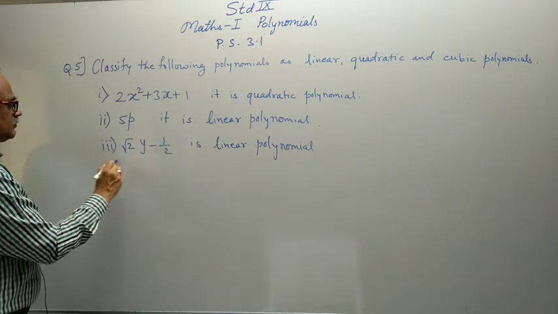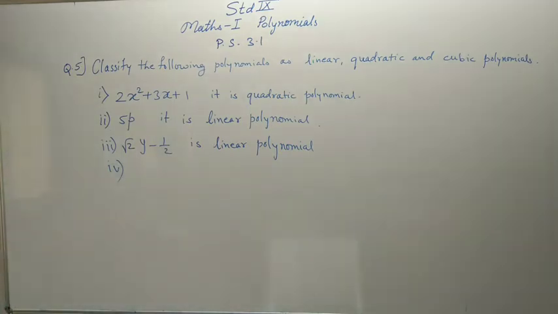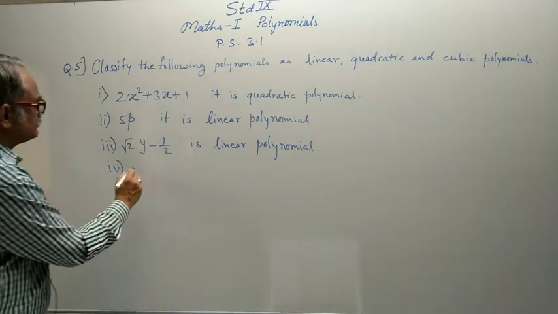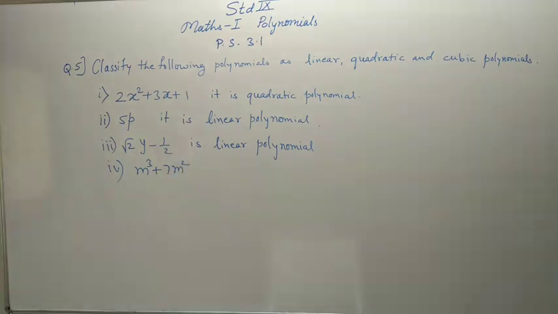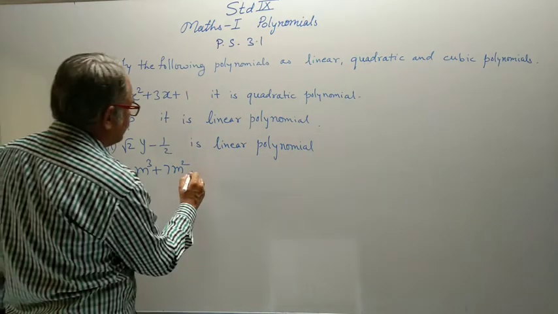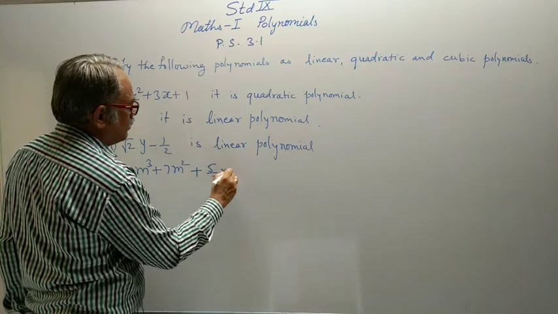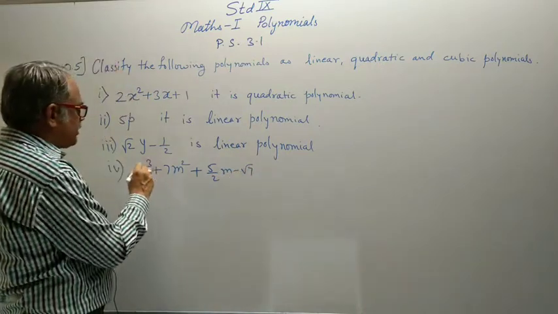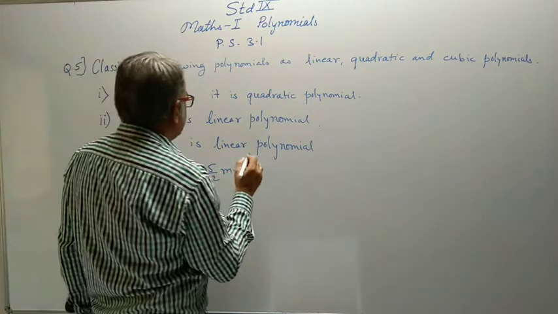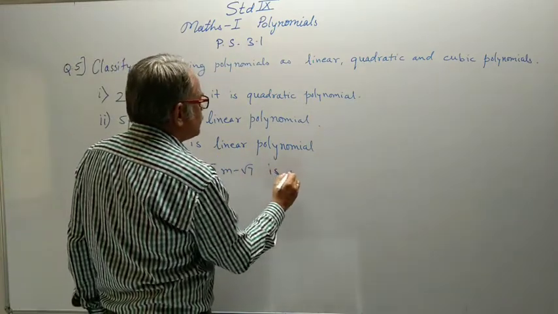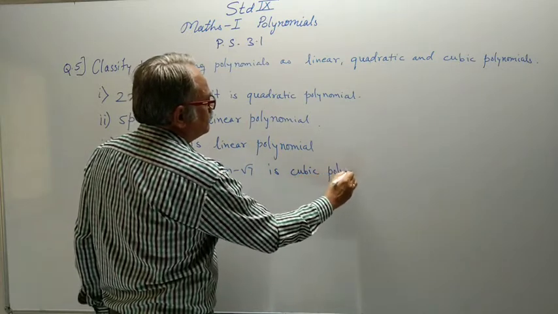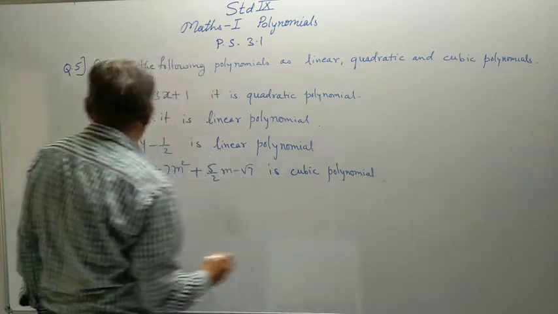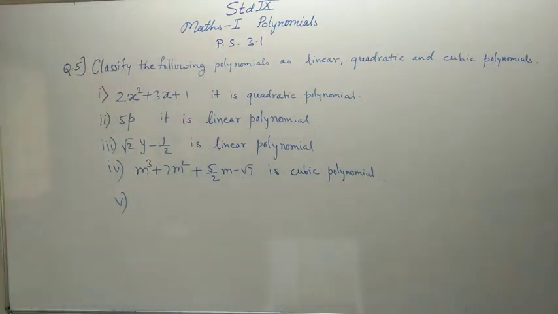Fourth, m cube plus 7m square plus 5 by 2m minus root 7. What is maximum degree? Maximum index 3. Degree 3. So it is cubic polynomial. Degree 3 means cubic. Fifth, a square.